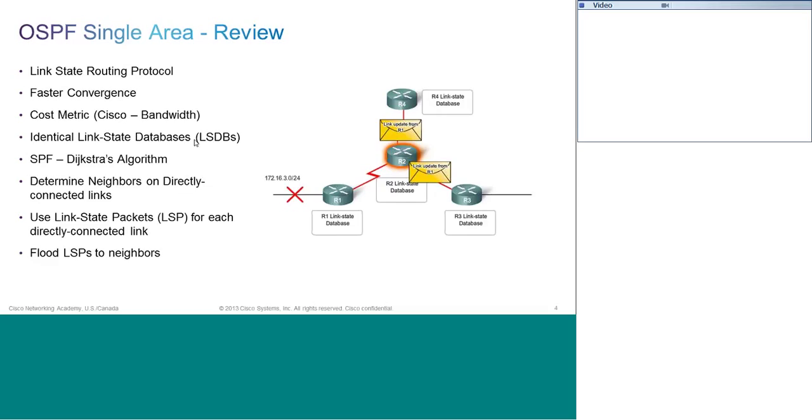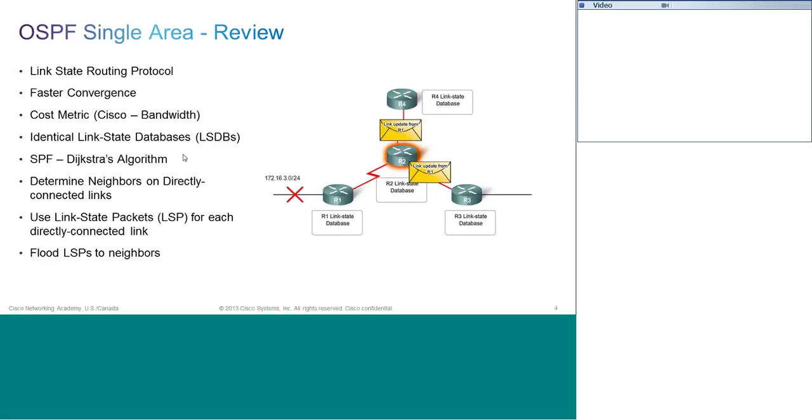Once the network is converged, all routers in an area will have identical link state databases. OSPF uses the shortest path first algorithm to choose the best path. The CPU processes the neighbor and topology tables using Dijkstra's OSPF algorithm.